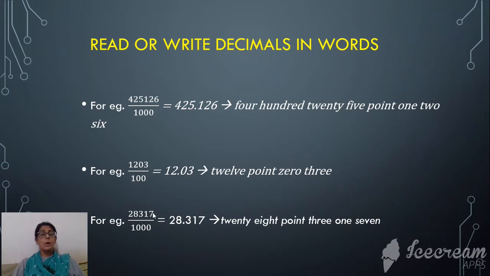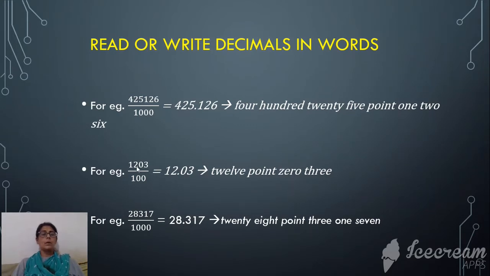Okay, one another example I will give you here to make you understand clearly. The number given is 28317 upon 1000. Which number is given? 28317 upon 1000. So here 3 zeros are there in the denominator. You can check, right? So where do we have to place the decimal? From the right side 3 digits, 1, 2 and 3, and then we place a decimal.